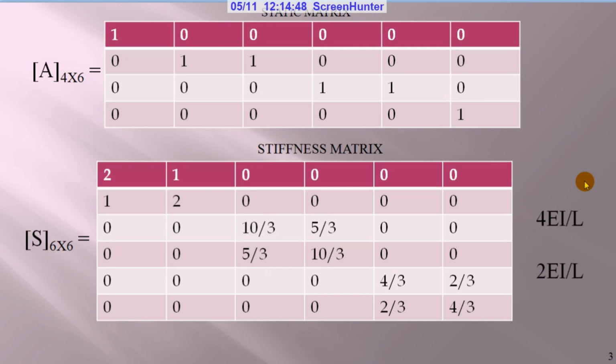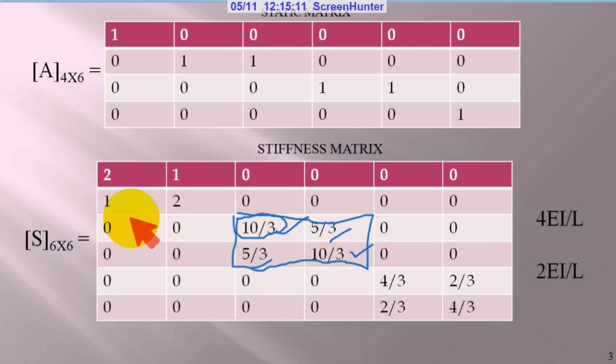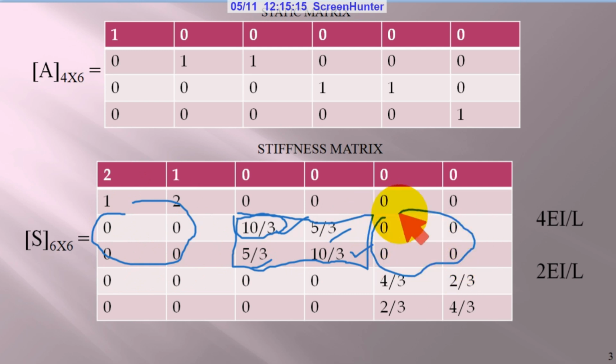So 40 divided by 12, 20 by 6, 10 by 3. So you will get here the value 10 by 3. This is for the second span. Whatever the value you are getting, 10 by 3, write down here. 2EI by L that is 50% of this value, 5 by 3, 5 by 3 you write here. Rest all the elements here 0.